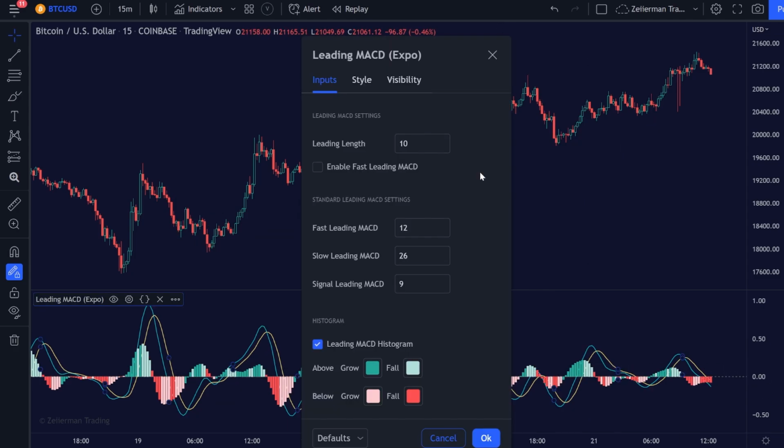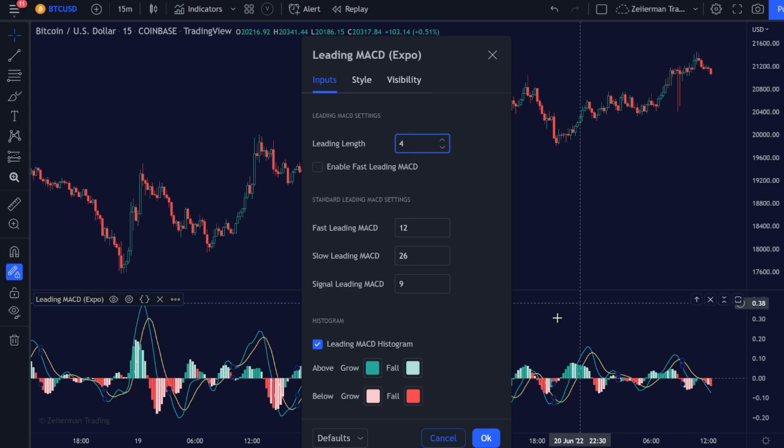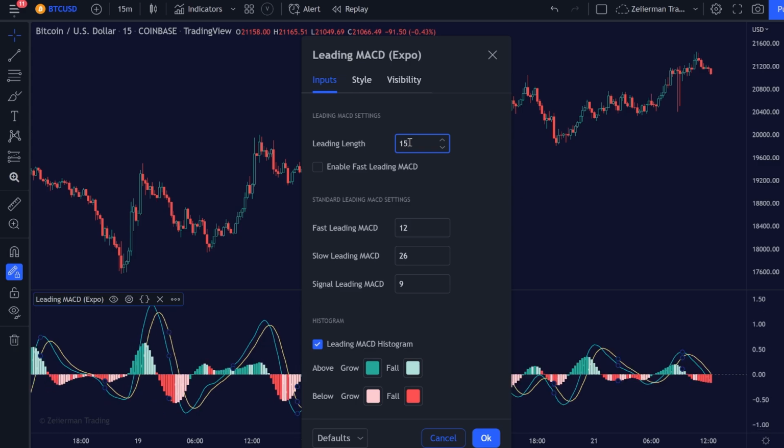The setting panel is straightforward. And the most important setting is the leading length, which is basically how fast or how leading the calculation should be. A low value makes the MACD quicker and faster, short term, and a high value makes it more long term and more trend following in nature, right?